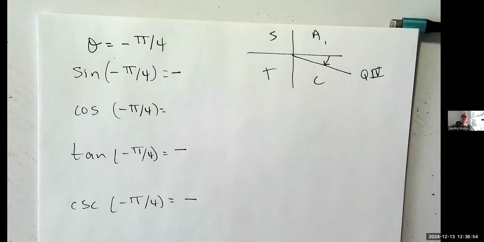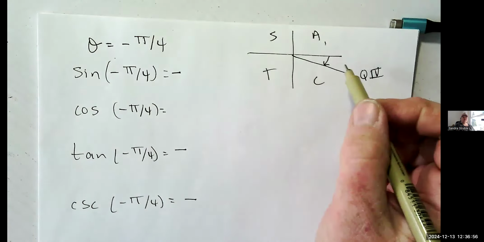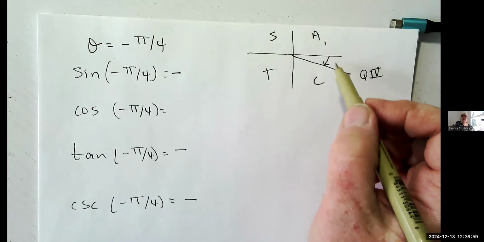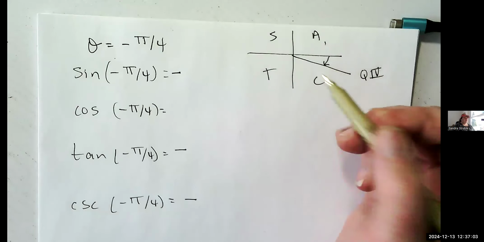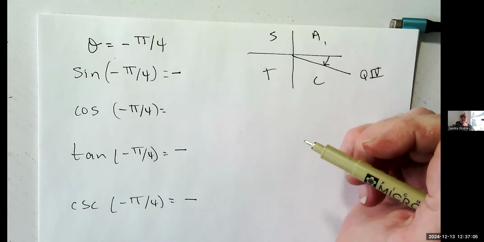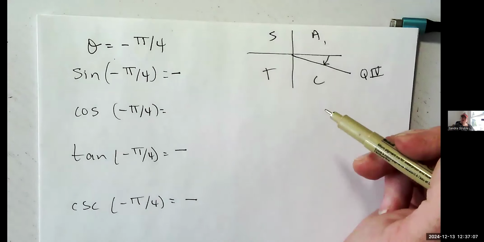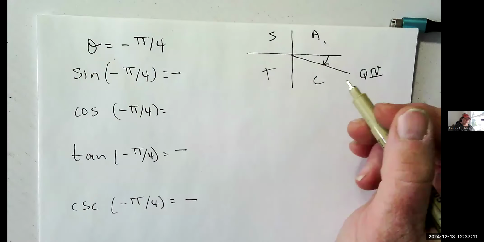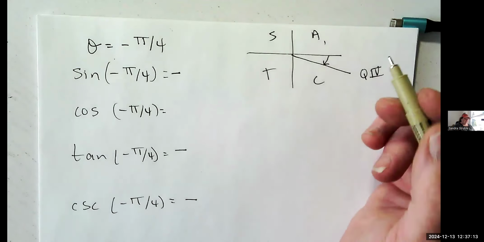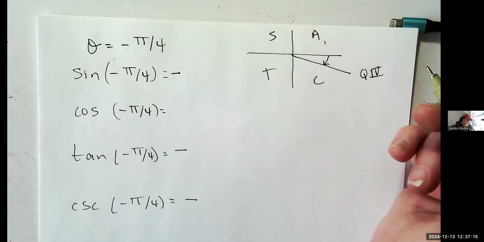Okay. So now we need to know how far away, what is pi over 4 in reference to this? It's 11 pi over 6. It's the same thing, it's the coterminal angle. But if you use the reference angles for negative pi over 4, you'll find that that angle is pi over 4. So it depends on how you want to handle this.